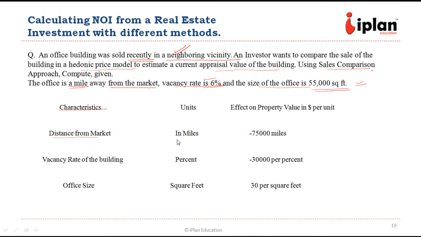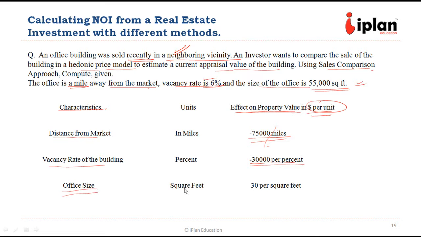Distance from the market in miles, and this is the effect on the property value in dollars per unit. So for distance, it is $75,000 per mile. Then the vacancy rate of the building is 6%. For 1%, it is 30,000. So we are going to subtract it.